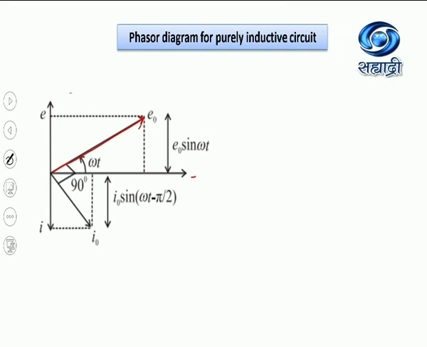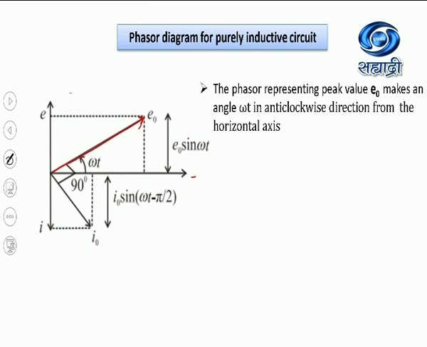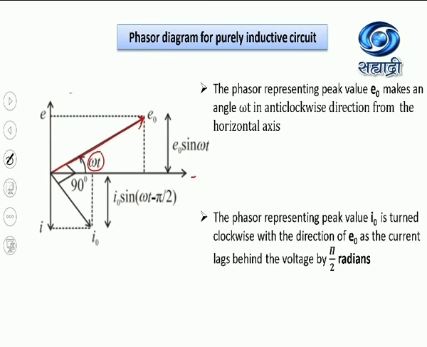The expression for the EMF is E is equal to E naught sin omega t. So the phase is omega t, that we have shown here with respect to the x-axis in the anti-clockwise direction. Next, the phasor that represents the current is shown over here. The length of the vector represents the peak value of the current, that is equal to I naught.